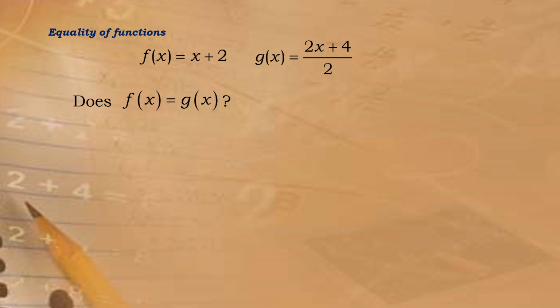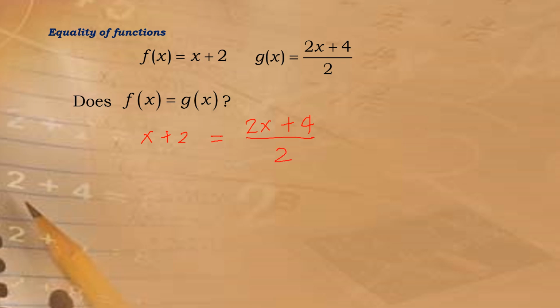The next one is equality of functions. How do we consider that two functions are equal? Let's have this example: x plus 2 for f of x, and 2x plus 4 over 2 for g of x. Thus f of x equals g of x. Let's try. f of x is x plus 2, and g of x is 2x plus 4 over 2.